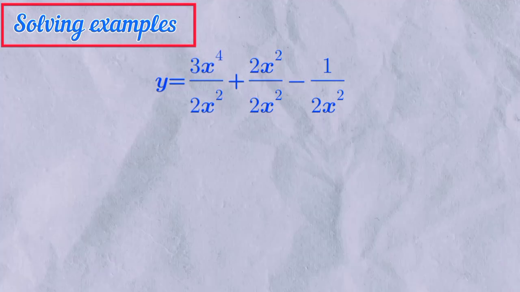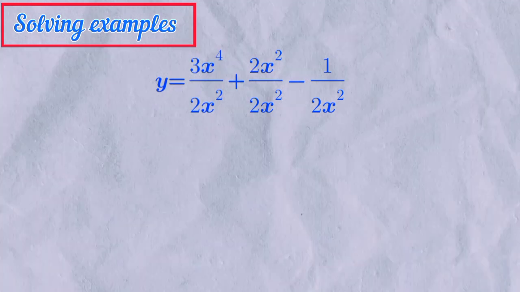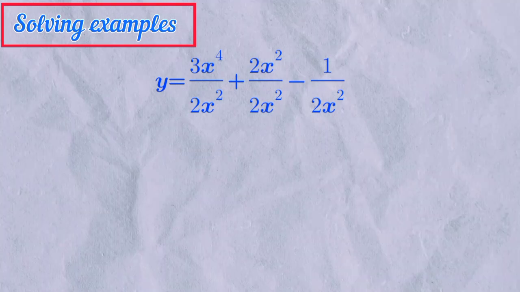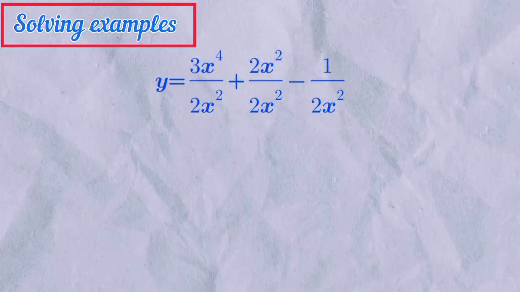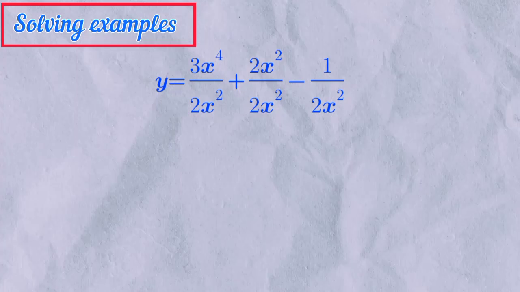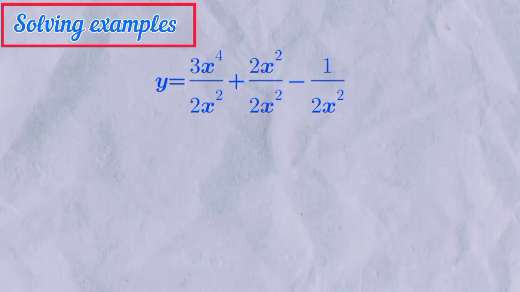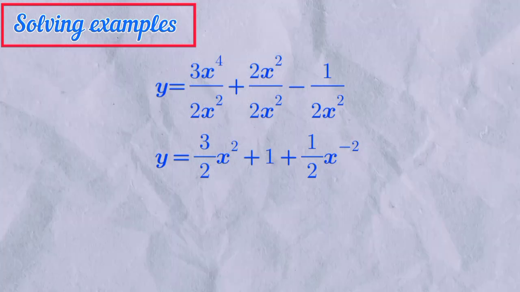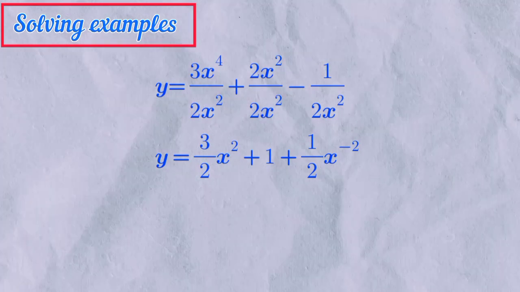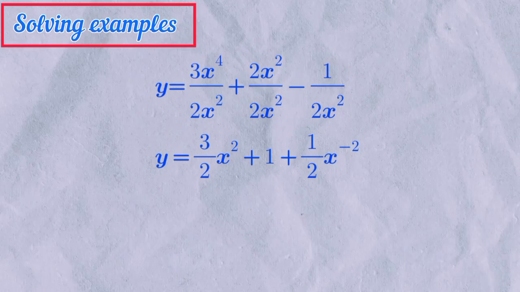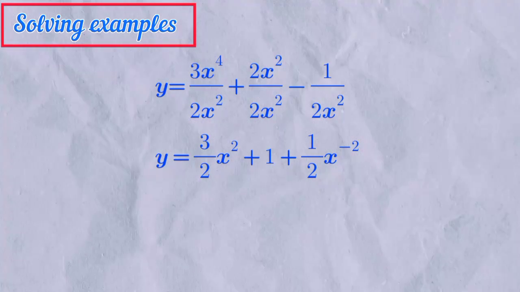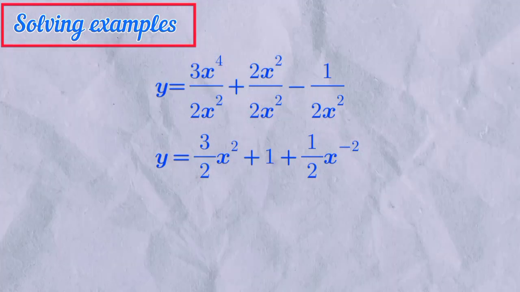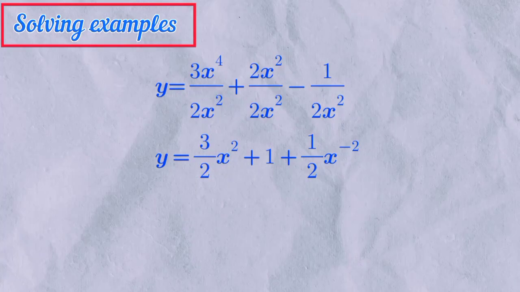Now, on the right hand side, we are simply going to be left with 1 over x raised to the power of minus 2. So we have our equation as y equals 3 over 2 x raised to the power of 2 plus 1 over 2 x raised to the power of minus 2. So when we finally differentiate, now remember, when you differentiate 1, it is simply going to give us 0.